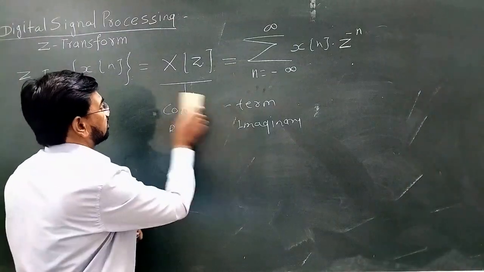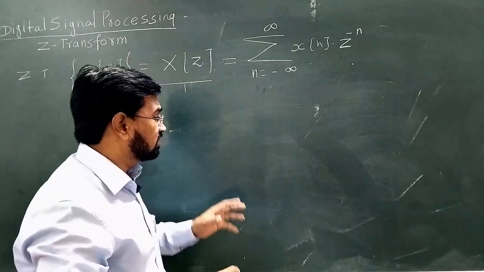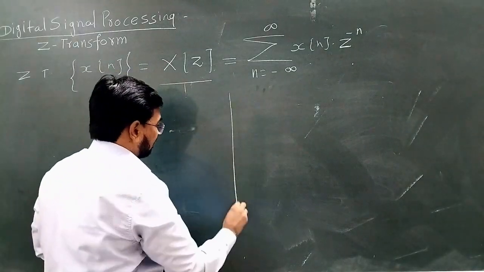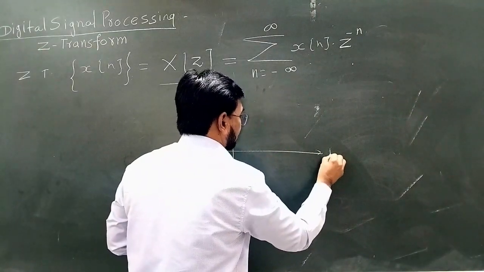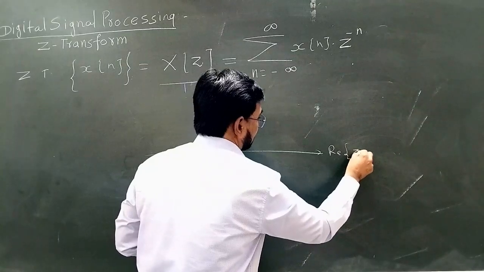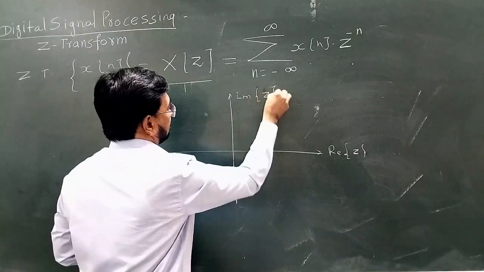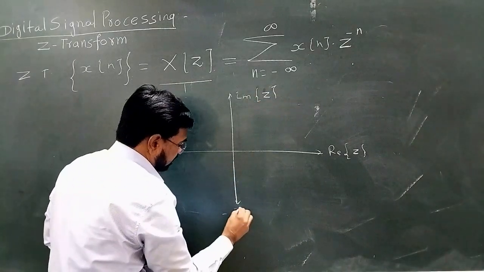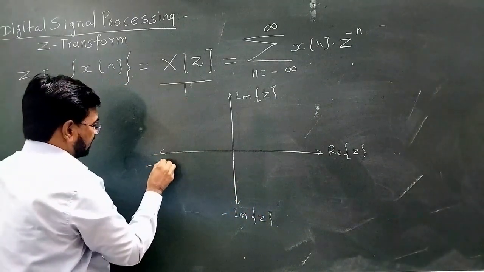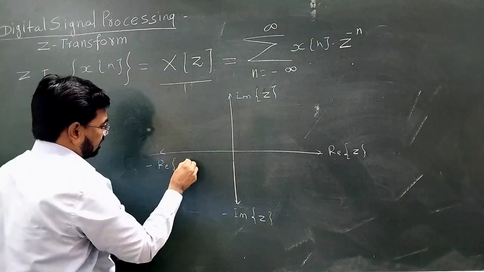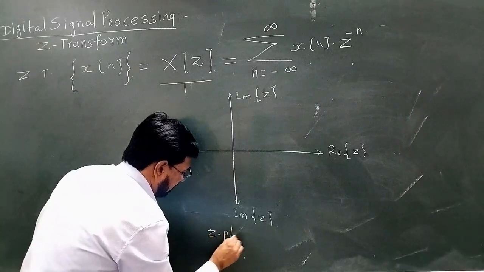The Z transform has its own domain and that is called the Z transform plane, or Z plane. It has the real part of Z and the imaginary part of Z, with negative imaginary part of Z and negative real part of Z, and this is the Z plane.